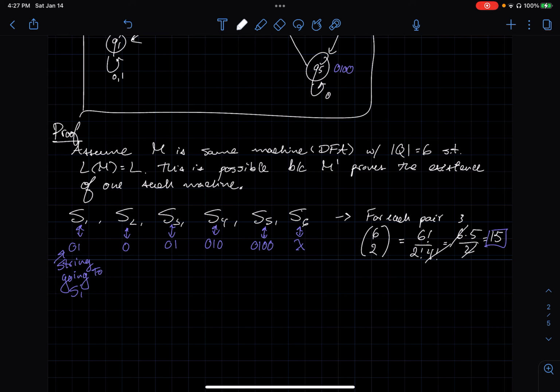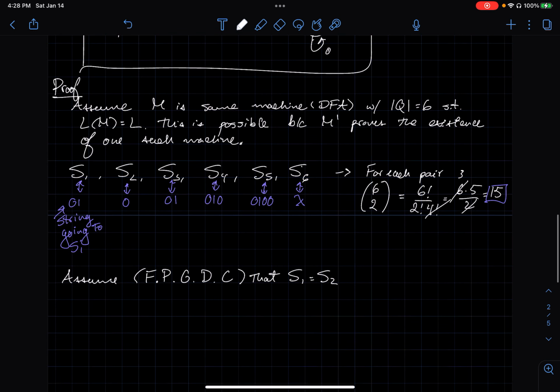So let's assume, for the purposes of deriving a contradiction, that S1 is equal to S2.